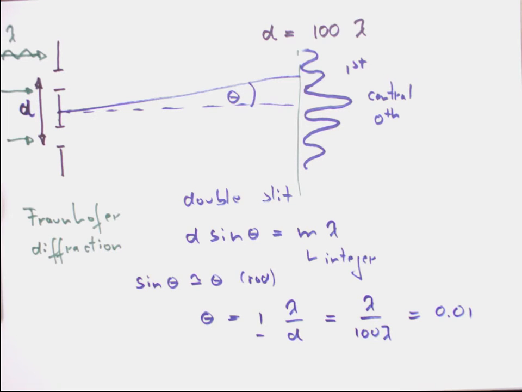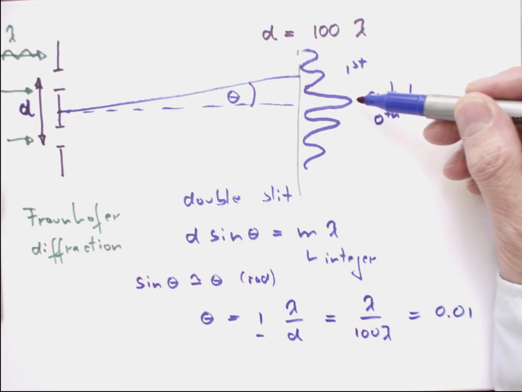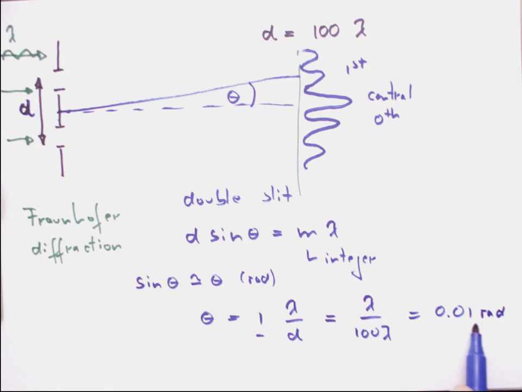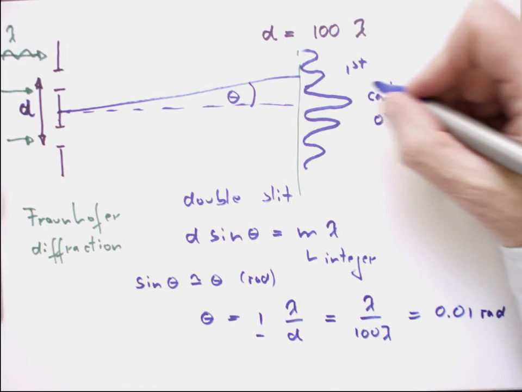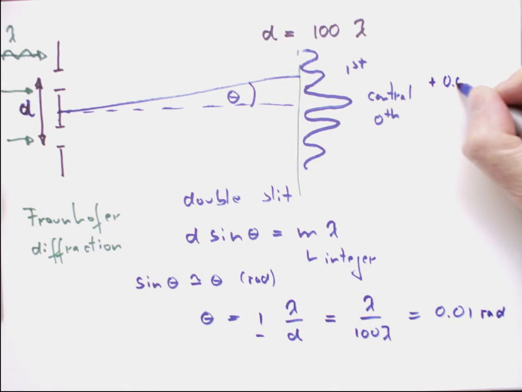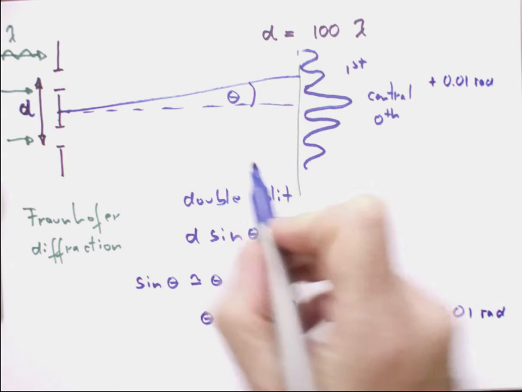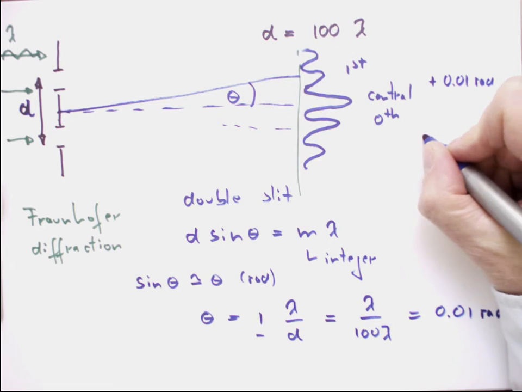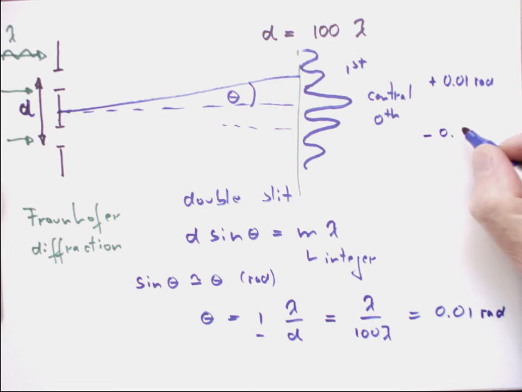What is the angular separation in radians between the zero order maximum and an adjacent maximum? And that angle in radians is given by 0.01 radians. And so on this side we would have plus 0.01 radians, and on the other side, where we have the equivalent maximum, we would have minus theta equals minus 0.01 radians.